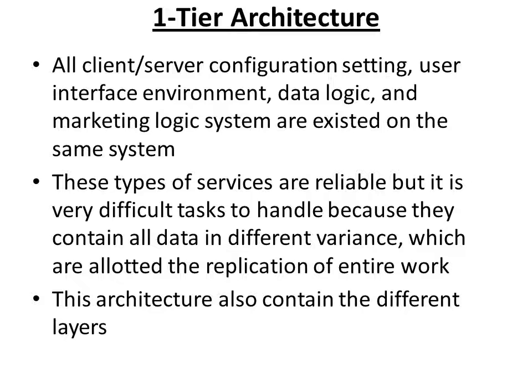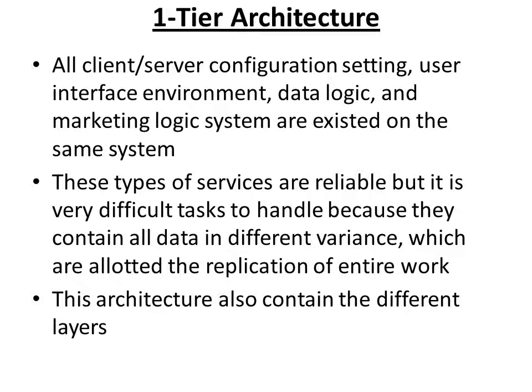Now, coming to types of architecture, we have three types of client server architectures: one tier architecture, two tier architecture, and three tier architecture. First, we are going to discuss one tier architecture.